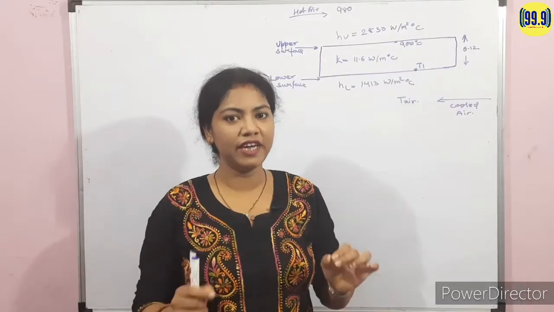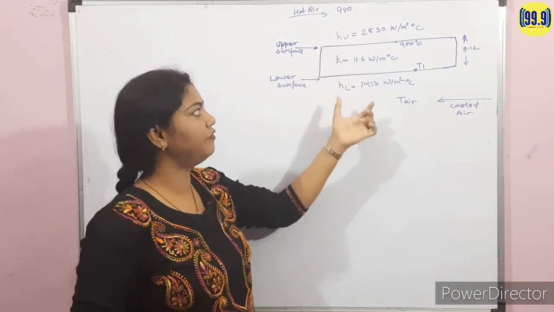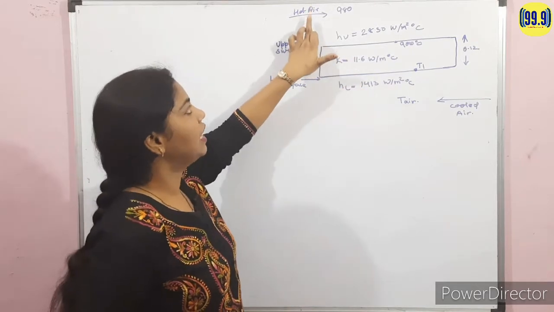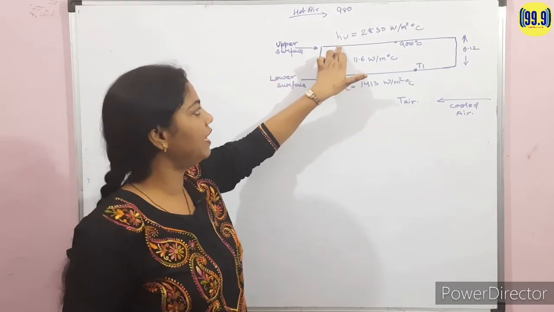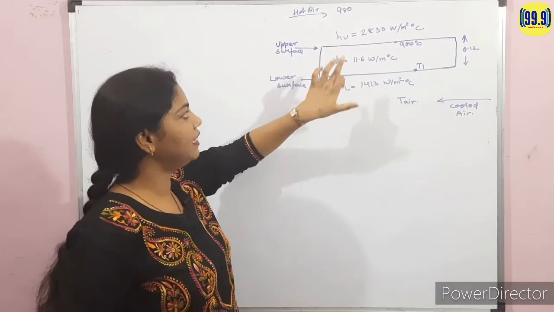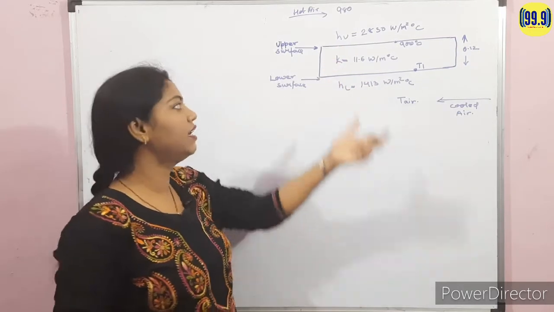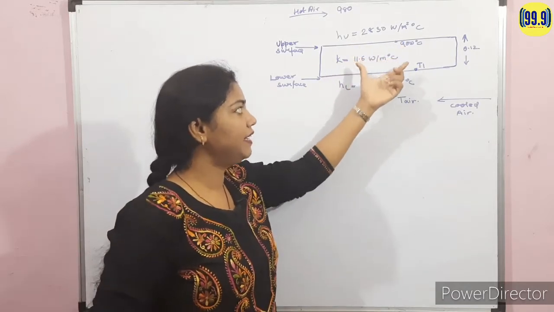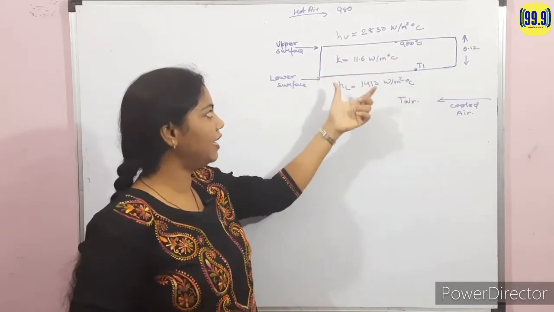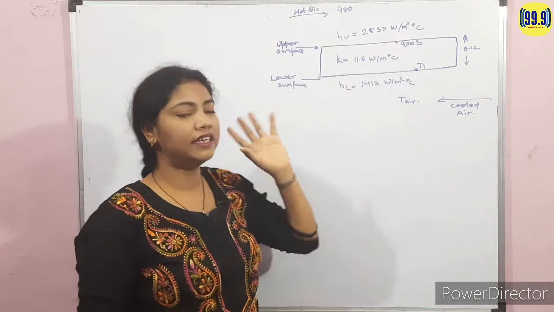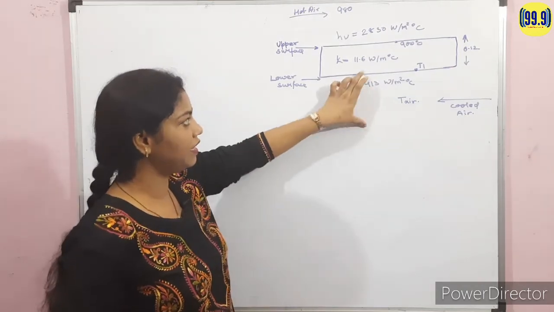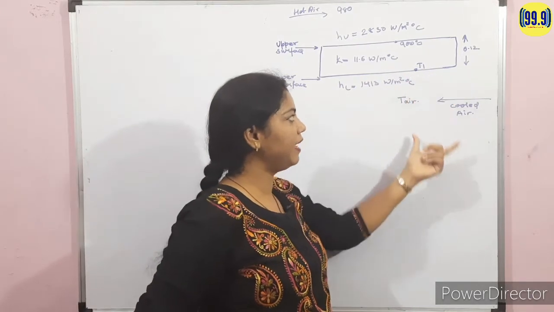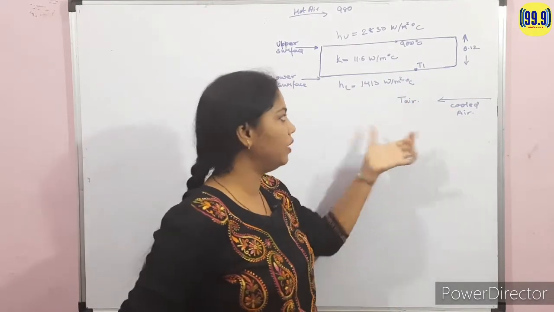So students, first we calculate the resistance of each and every mode: the convection that takes place between the hot air and the upper surface of the turbine blade, then the resistance of the conduction mode acting through the metal, and then the third resistance, the convection acting between the lower surface of the turbine blade and the cooled air.